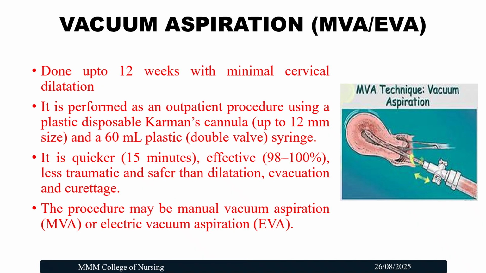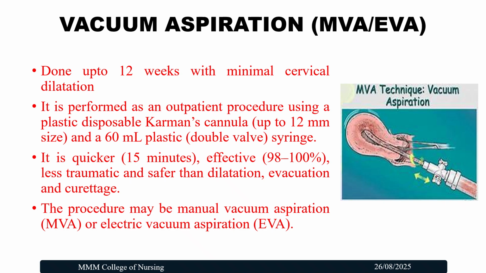The second surgical method is vacuum aspiration, done up to 12 weeks with minimal cervical dilation. It is performed as an outpatient procedure using a plastic disposable Karman cannula. Up to 12 sizes can be used, and a 60 ml plastic double wall syringe can also be used.